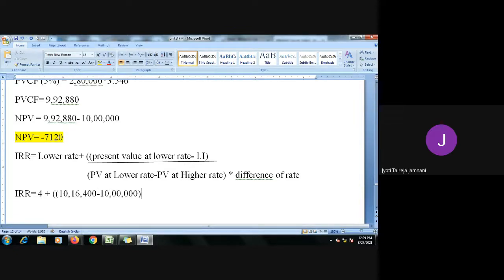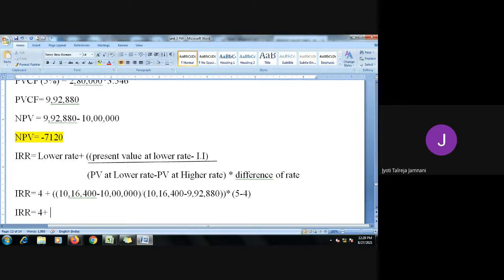This entire thing has to be divided by present value at lower rate, 10,16,400, minus present value at higher rate, which was 9,92,880. If we divide these two and then multiply it with the difference of rate, the difference of rate is 5 minus 4, which is equal to 1.